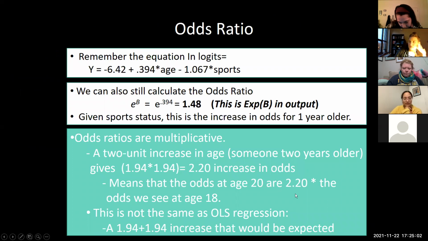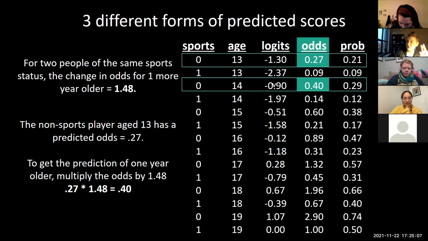So odds ratios are multiplicative. If I'm going to look at 2 people, remember here's age 13 and age 14 for 2 people who both don't do sports. Here's the odds ratio. As I change by going up by 1 year, my non-sports player who's 13 has an odds of 0.27, and my non-sports player who's 14 has an odds of 0.40.